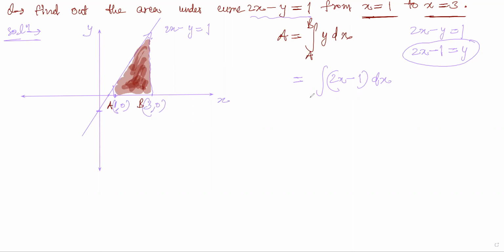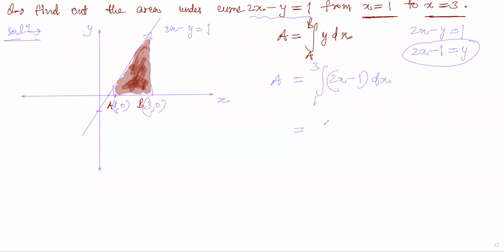1 to 3. Yeah, correct. 1 to 3. So what's the area? Has anyone of you found out? 6 square units. Okay. I don't think so.